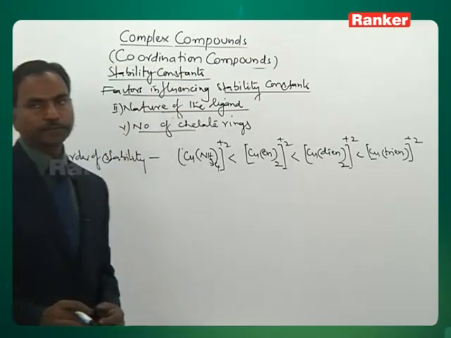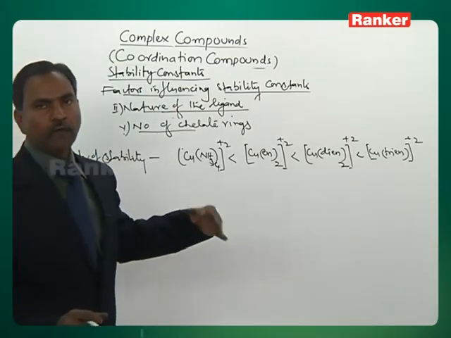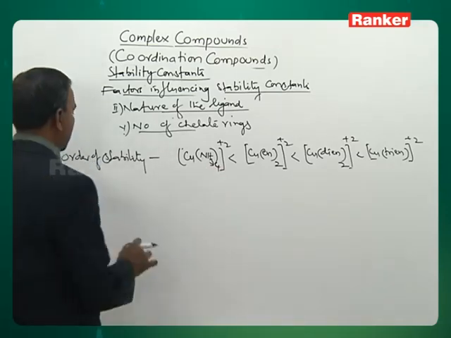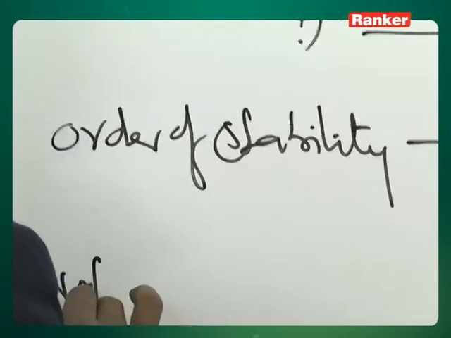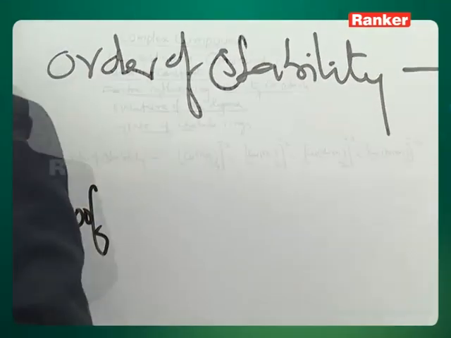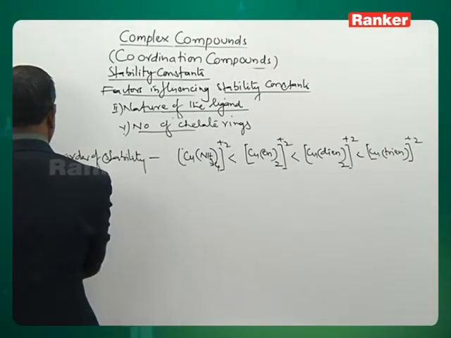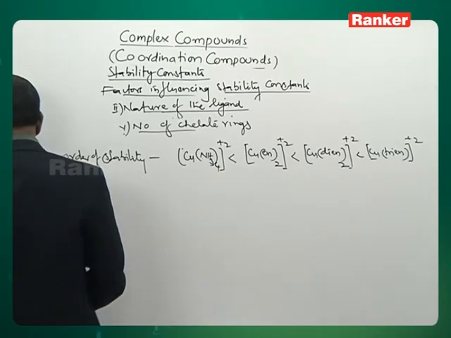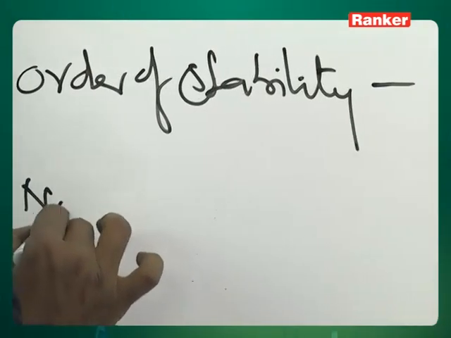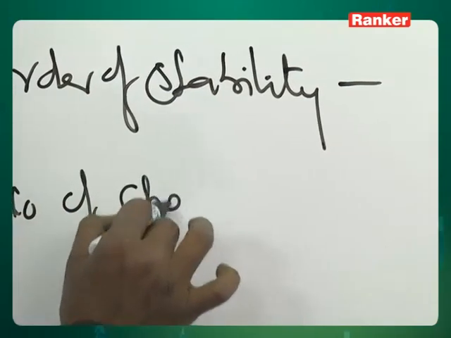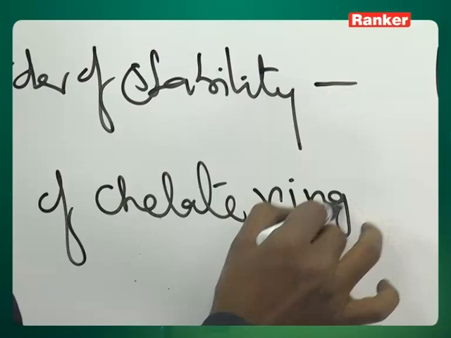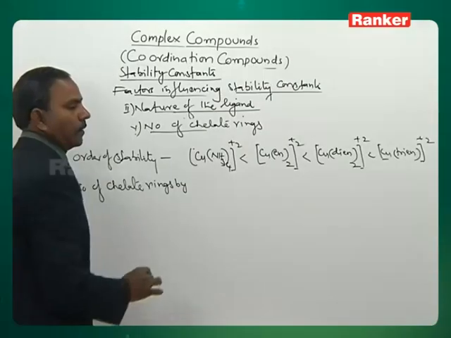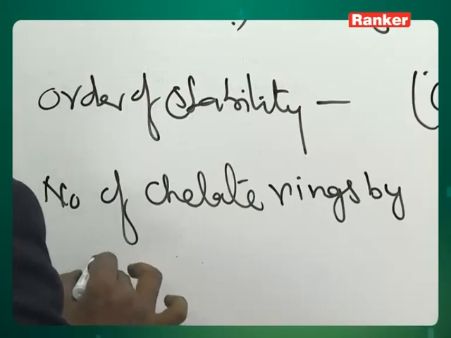How can you say? Let us see the number of chelate rings formed by a single chelate ligand.